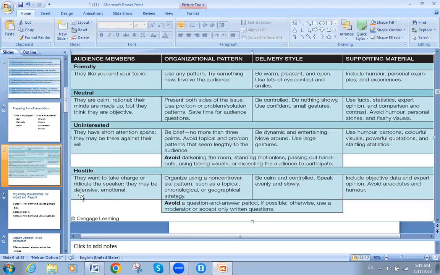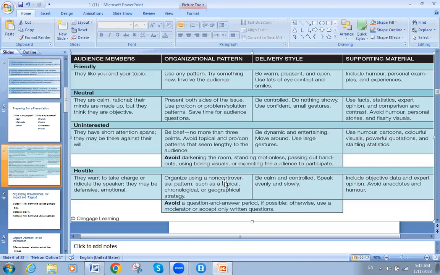They may be defensive or emotional as well. It is like someone presenting to different political parties. Not all the parties will agree with what he's saying. Some of them will be opposed in ideas and ideologies. So in that case, it will be a little bit different.